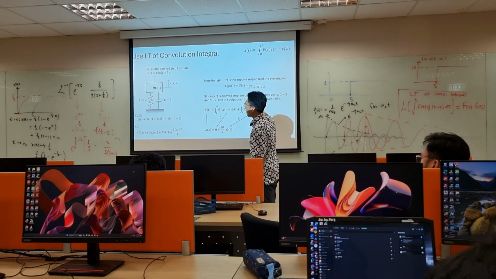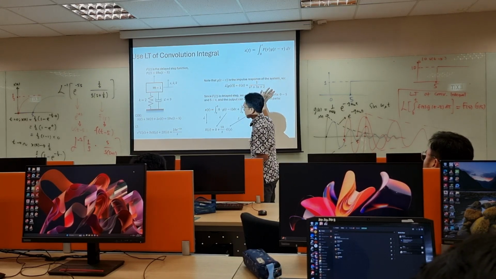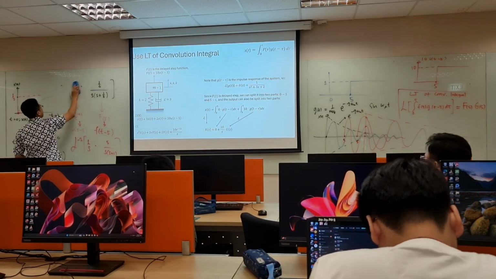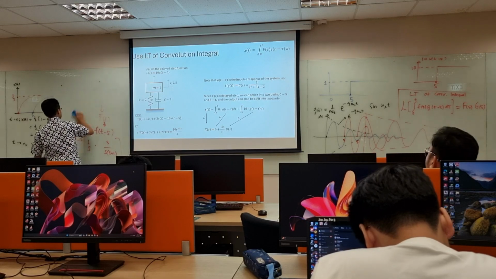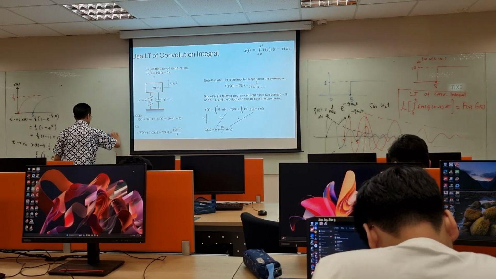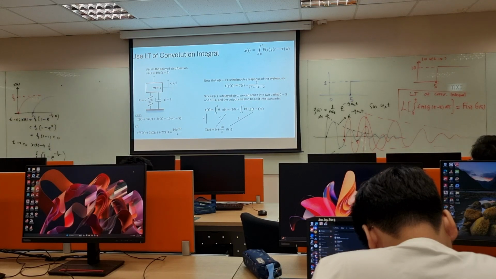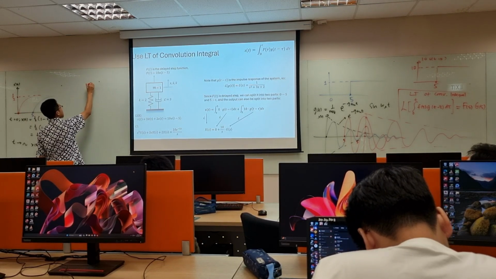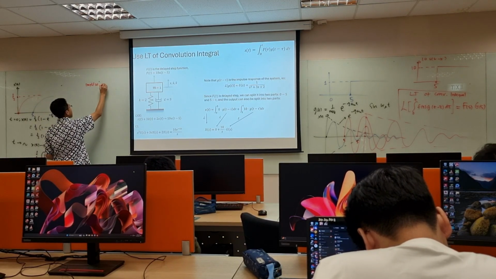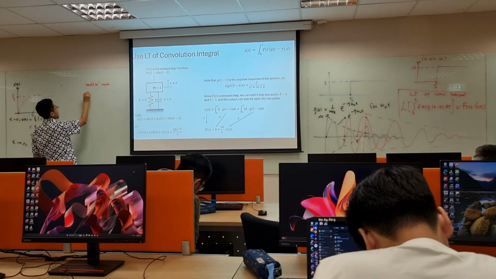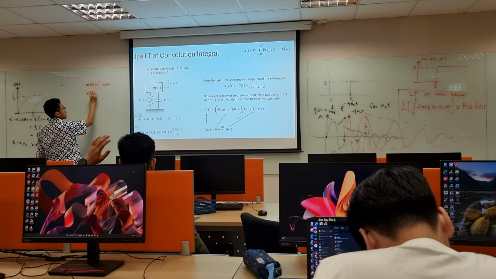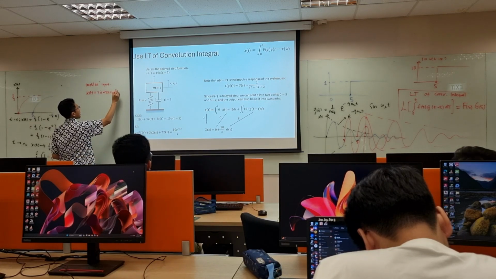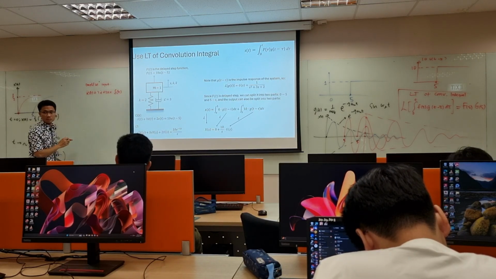We are just using the impulse response. So if your system has only an impulse input, then the right-hand side of the ODE will be delta(t), like this.